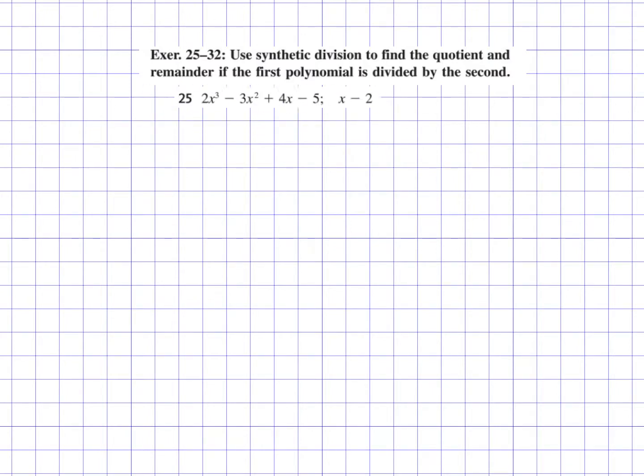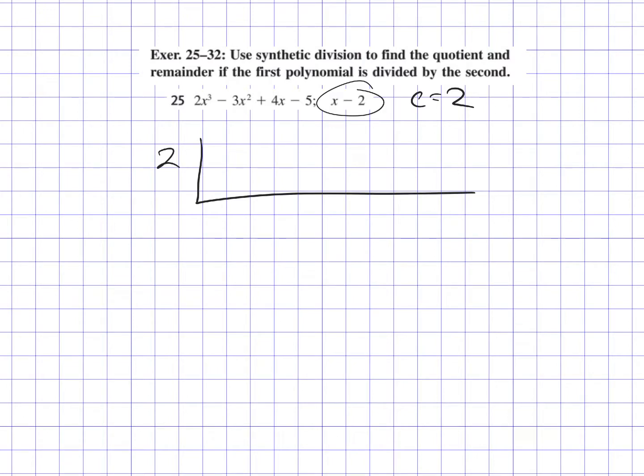So what this is showing you is C is 2. All right, so that's what's going to go out on your synthetic division. Coefficients 2, negative 3, 4, and negative 5. Drop down the first, multiply, add, multiply, add, multiply, add. So that's your remainder. So it says use synthetic division to find the quotient and the remainder.